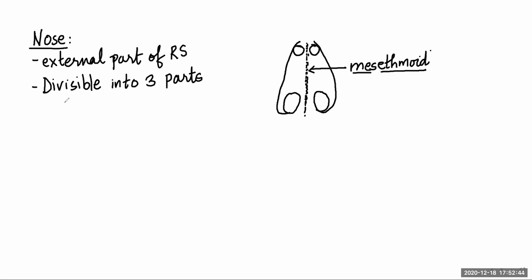That soft first part of the nose is called the vestibule. Vestibule means welcoming part. The anteriormost part of the nose is called the vestibule. Then the middle part is called the respiratory part, which is actually the bony part.